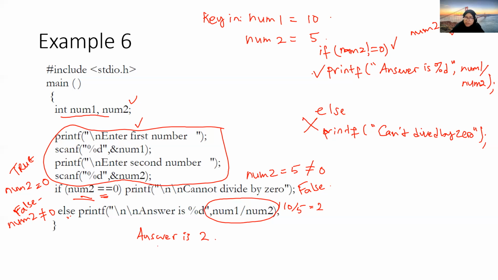Okay, now what if I have the second set of pairs? Let's say I'm having 10 and I'm having this one as 0. Let's just purposely use that just to check. So let's see this condition.